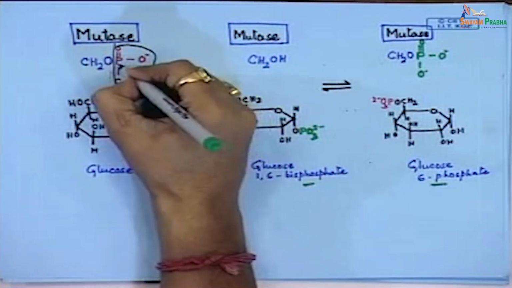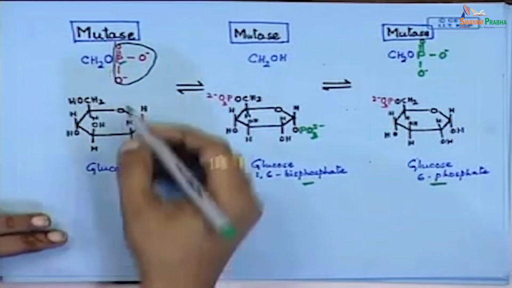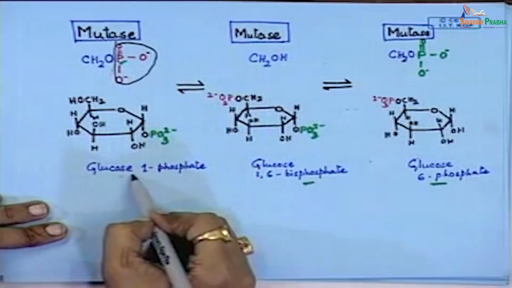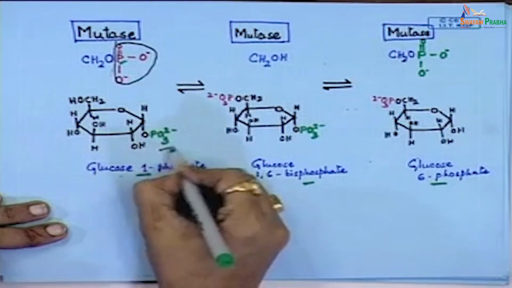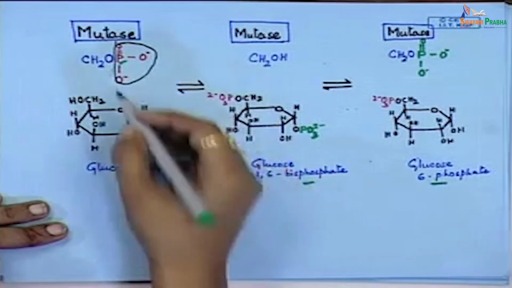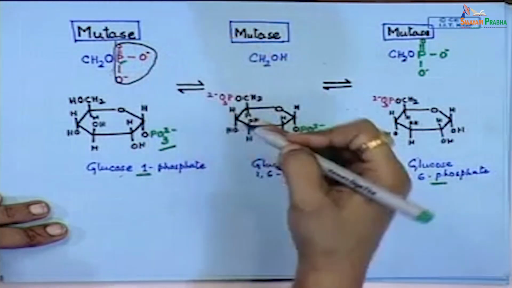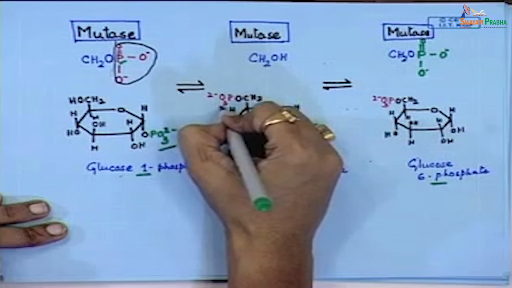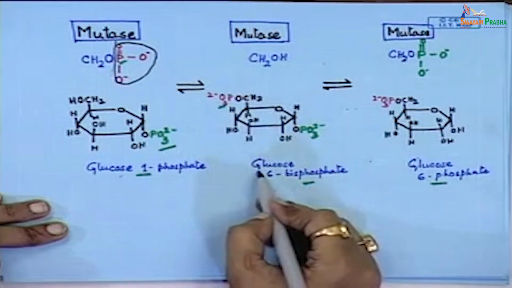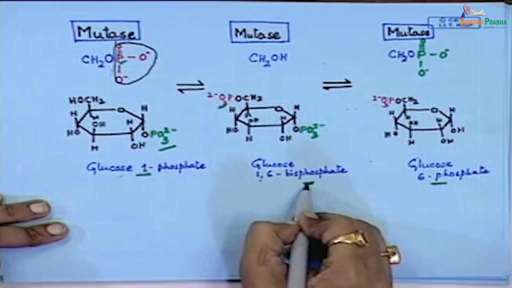It contains a phosphate group within it, and glucose 1-phosphate already has 1 phosphate on the first carbon. This phosphate is being donated to the 6th position of the glucose, and it becomes glucose 1,6-bisphosphate.